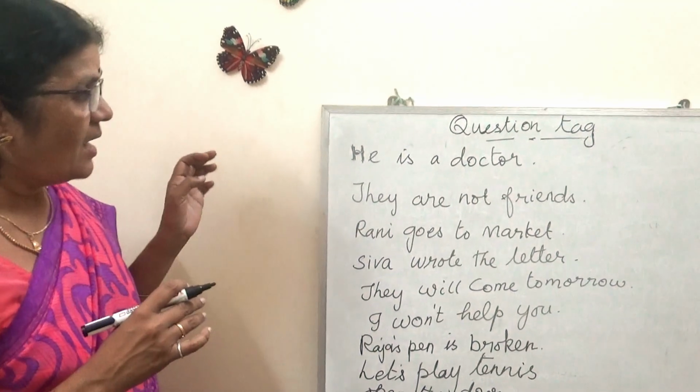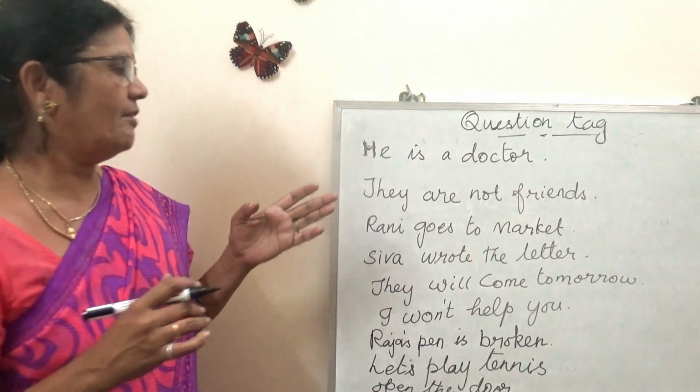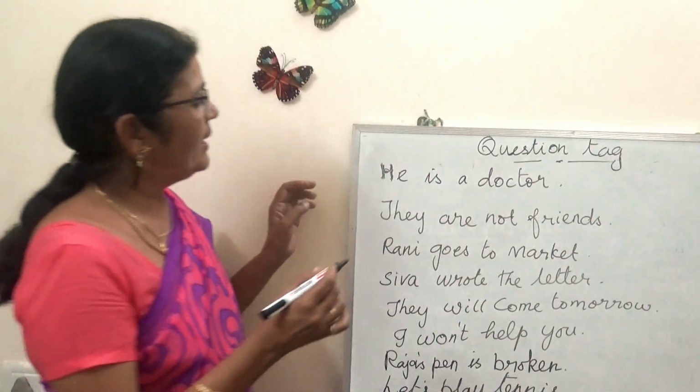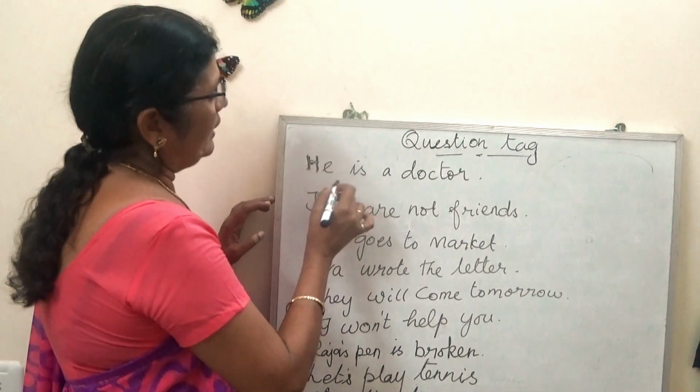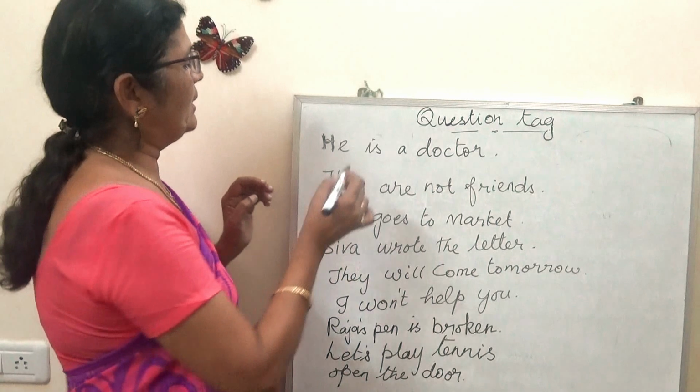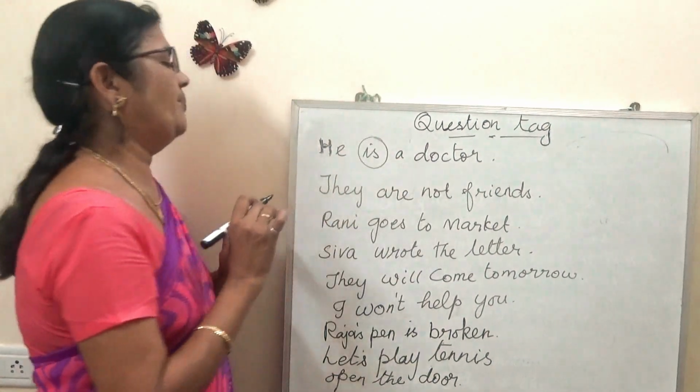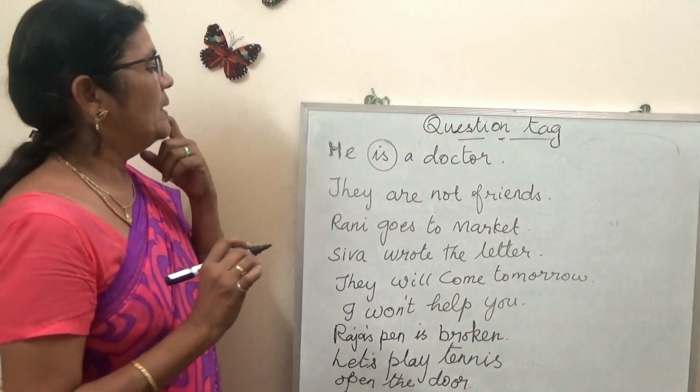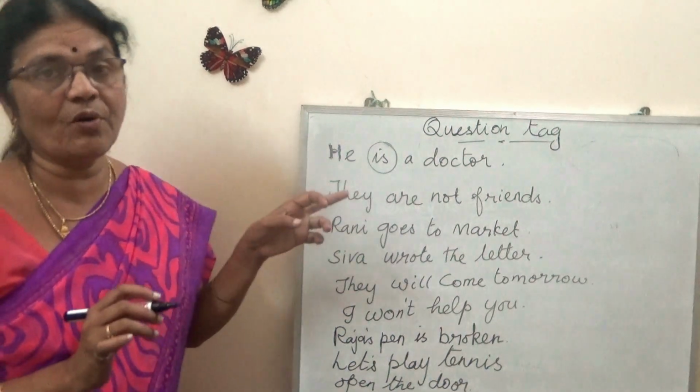Now let's see how to frame question tags for the following sentences. Take sentence 1: he is a doctor. Step 1 is to identify the auxiliary verb. Here the auxiliary verb is is. Then see whether the sentence is positive or negative.